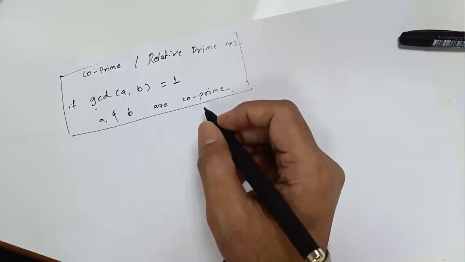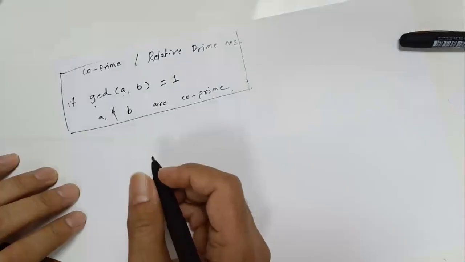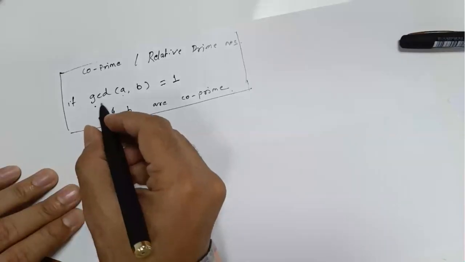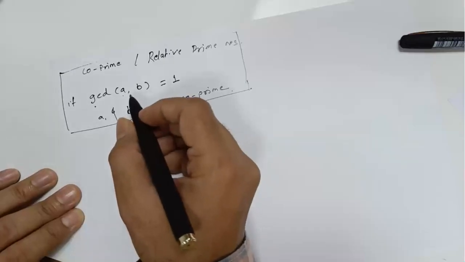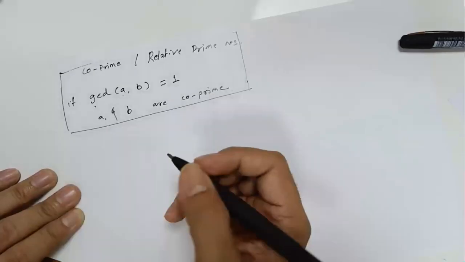So when you do operations on prime numbers, it becomes difficult. Even finding the GCD of two different prime numbers will be a bit difficult.